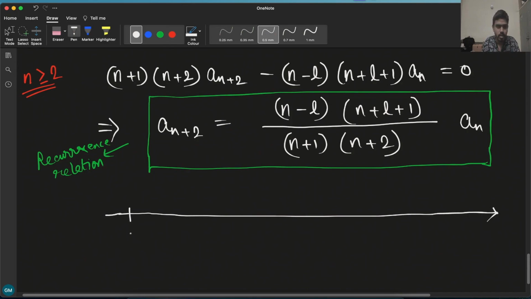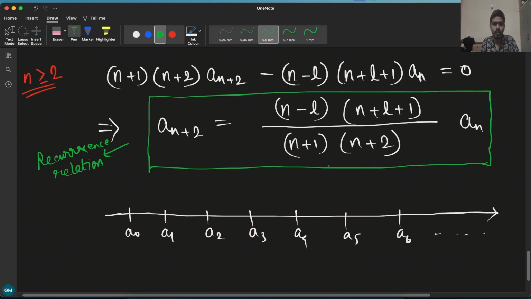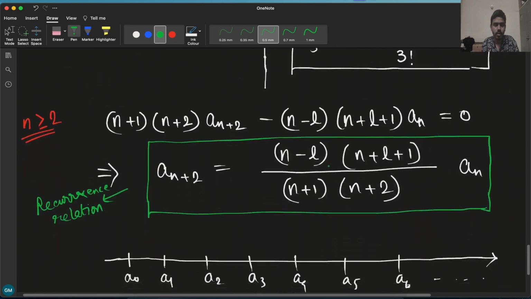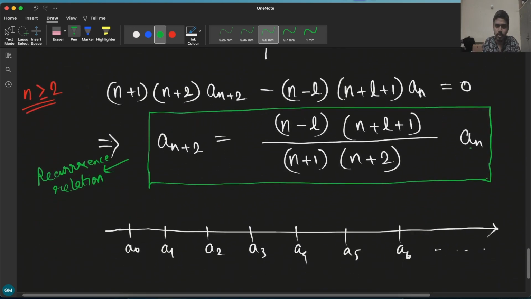is basically if I start from say a0, a1, a2, a3, a4, a5, a6 dot dot dot. If one starts from a0, this recurrence relation is valid for n greater than equals to 2.